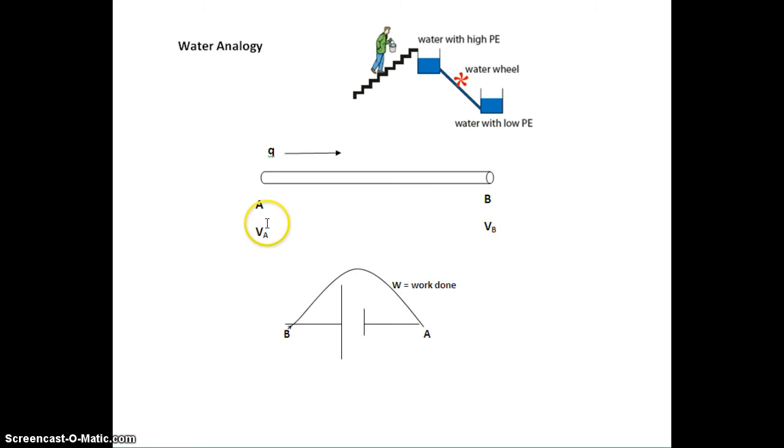I will write here, this is high potential region, high potential. And this VB is called the low potential region. Low potential.